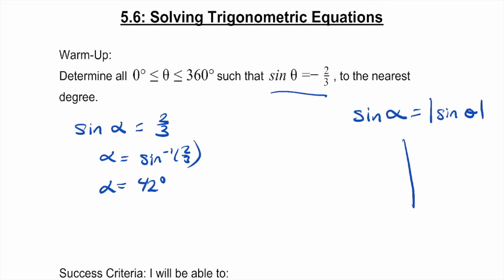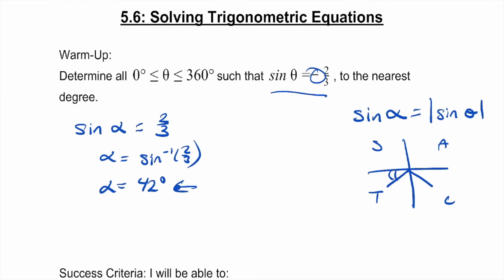I always like to draw a quick grid on the side using CAST as a reference to figure out where this angle should be. Since the ratio is negative for sine, that means our angle must be in either the third or fourth quadrant. What we did over here was solve for alpha.